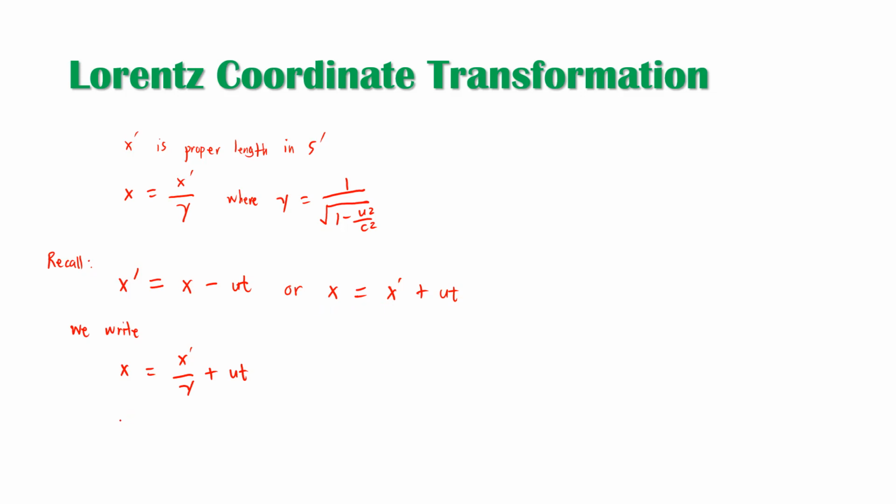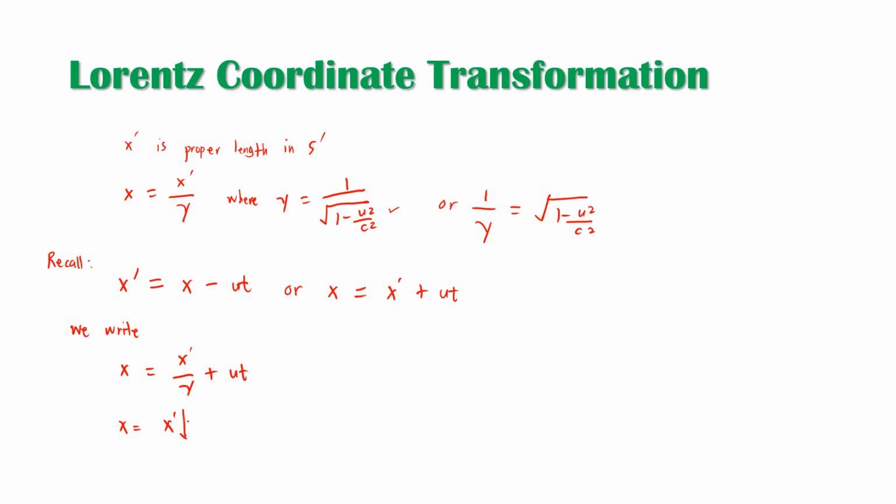So we can therefore write x is equal to x prime multiplied by 1 over gamma, where 1 over gamma is just the reciprocal of this expression. So we have 1 over gamma is equal to the square root of 1 minus u squared over c squared.